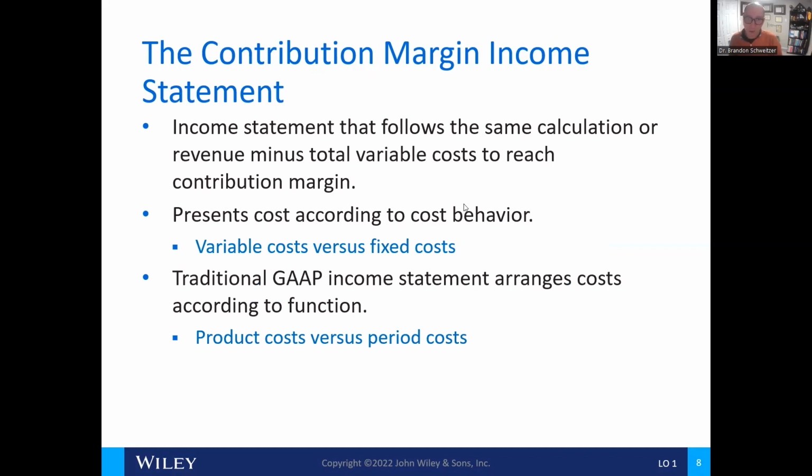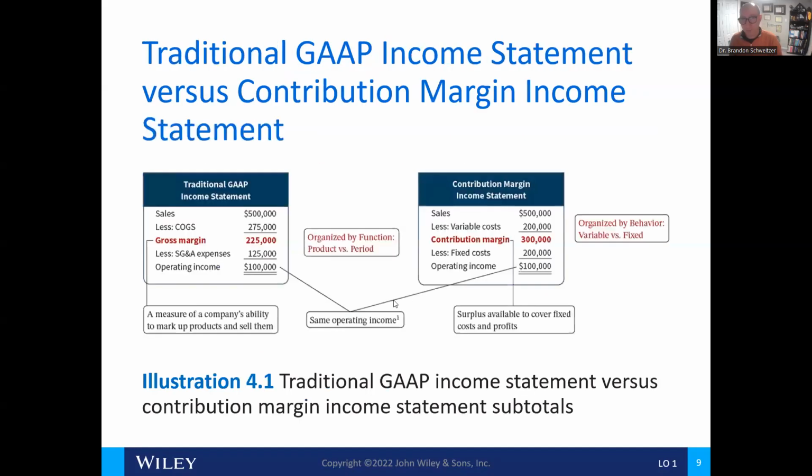The traditional generally accepted accounting principle income statement arranges costs according to their function: product costs and period costs. So in looking at this, sales minus cost of goods sold equals gross margin, minus selling and administrative expenses, equals operating income.